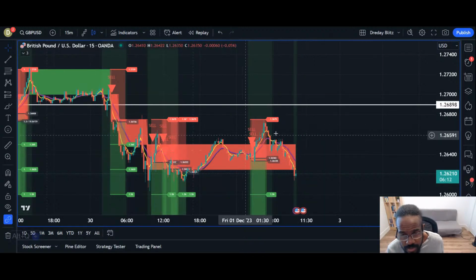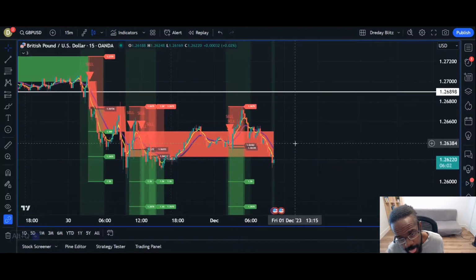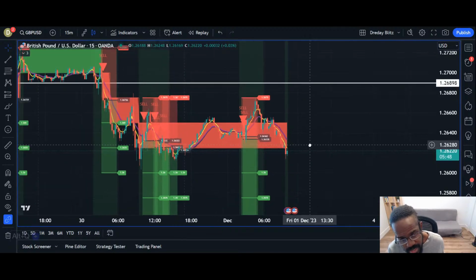And before, since we're looking at the Euro GBP, and Euro GBP was selling off, that means that the British pound was stronger. So that means that Euro is weaker than the pound, and Euro is weaker than the dollar. That's exactly what it says.